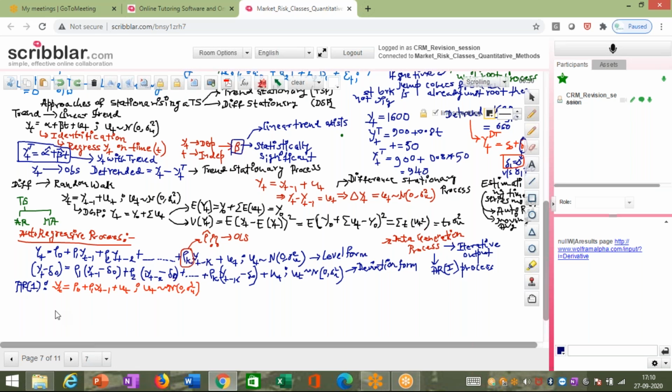Now the question is how do I obtain the data generation process? The data generation process will be derived in a very similar manner to what had been done previously.